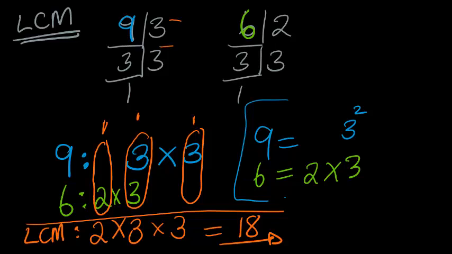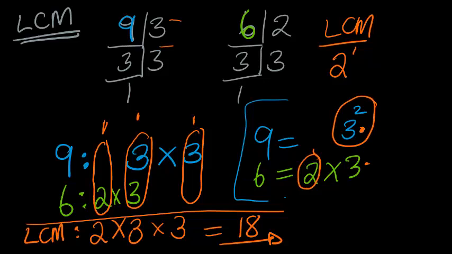So I know that I've got 2's. My highest exponent for 2 is going to be 2 to the power of 1. Now I've got 3's. I've got 2 3's here, and I've got 1 3 here. So I'm going to take the bigger one. I'm going to say 2 times 3 to the power of 2. And that gives me the same answer of 18.